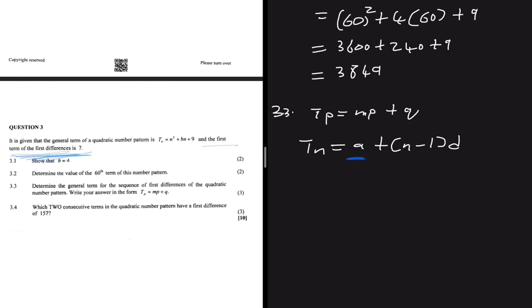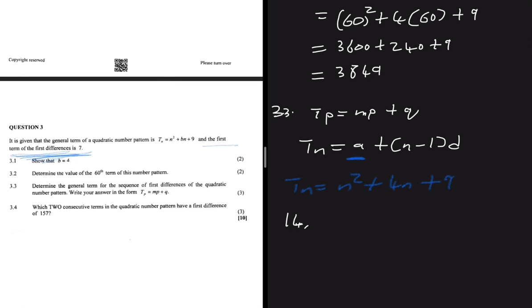So let's not forget that for the quadratic number pattern, we have Tn being equals to n squared plus 4n plus 9, right? So let's go ahead and find the first term. We substitute in 1. So 1 squared is just 1, plus 4n is just 4, plus 9, that will be equals to 14, right?